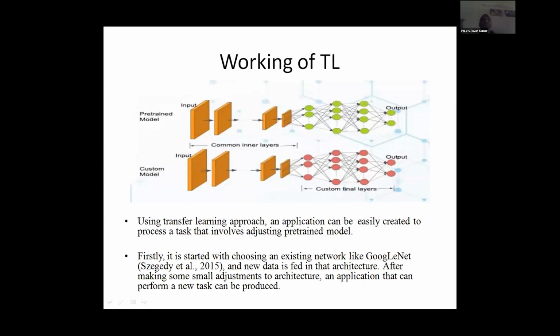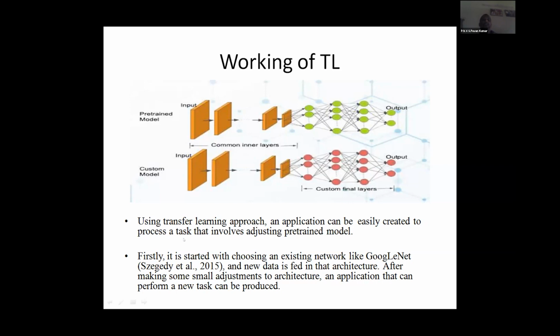How this works: the pre-trained model is already there, with input layers, middle layers, and the latter layers for classification. The input layer and the middle layers are used as common inner layers for the custom model, and the final layers are tuned as per our requirement.